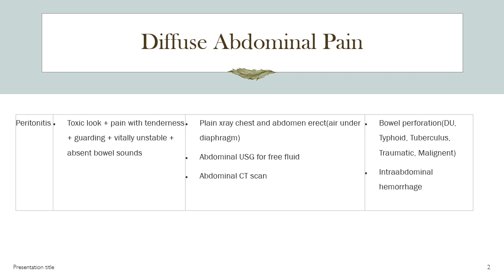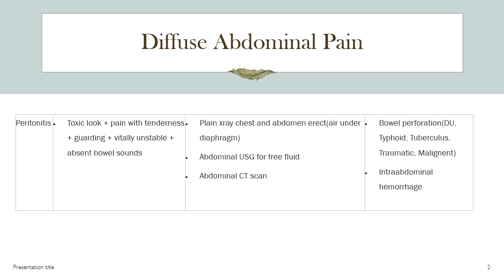Vitally he is unstable, he has tachycardia with pulse rate of more than 100, blood pressure less than 100 systolic, GCS of about 12, 13, urine output is marginally reduced, and on auscultation the patient has absent breath sounds. That patient is a candidate for peritonitis.